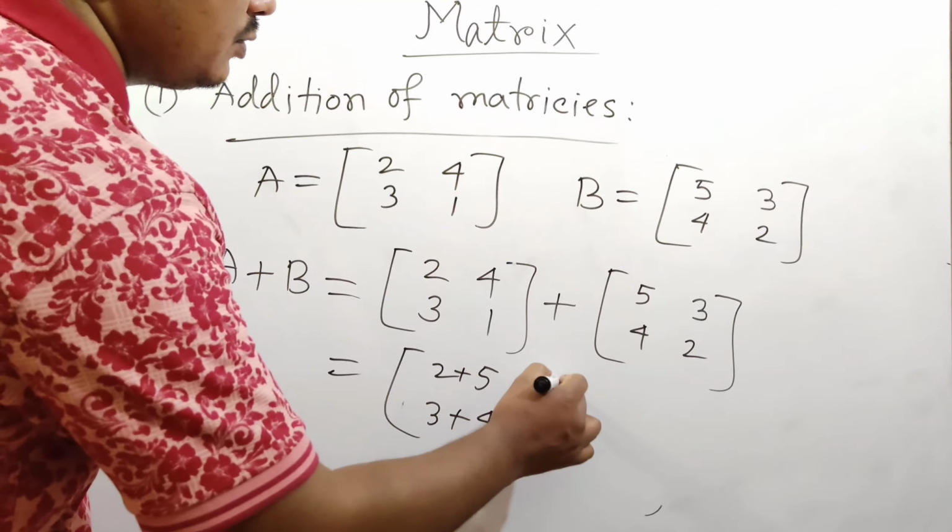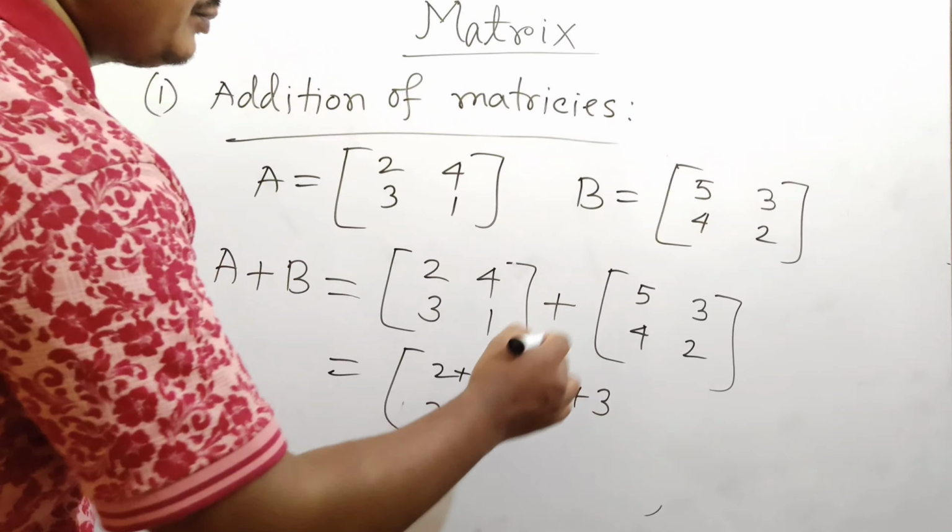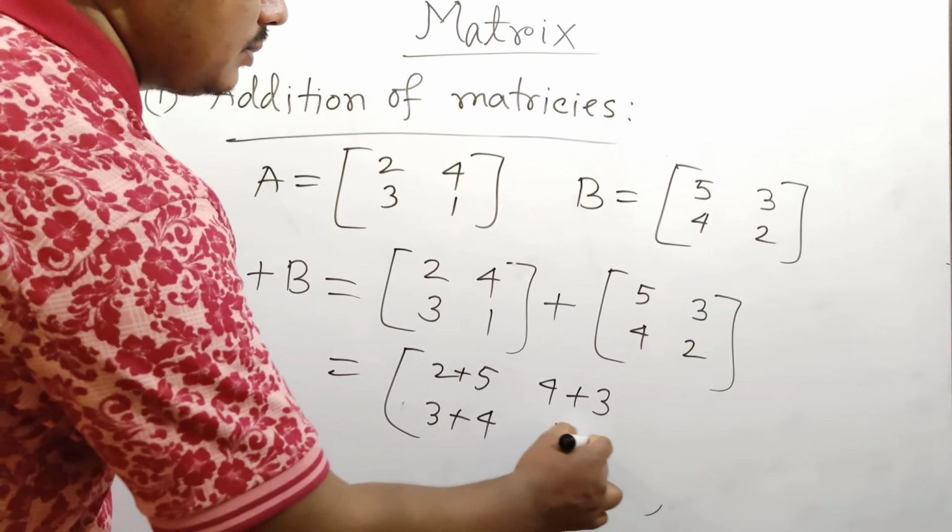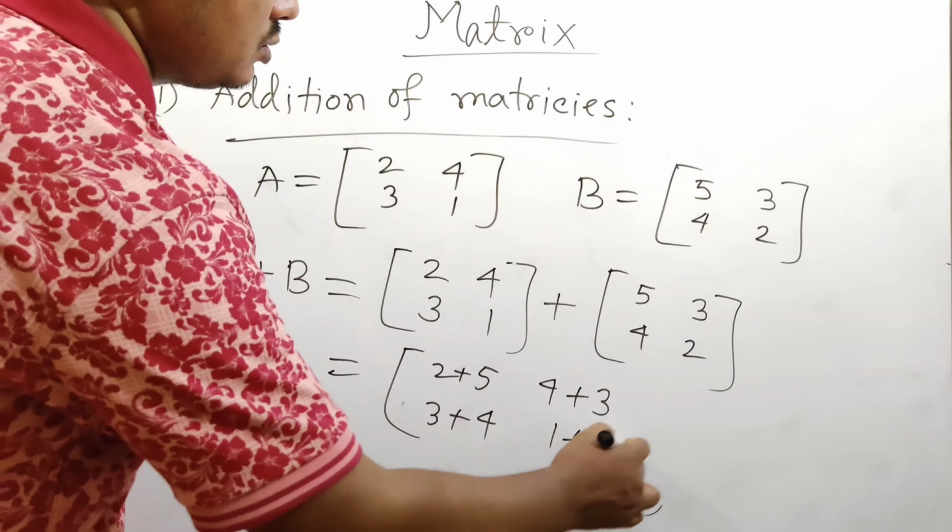Then it will be 4 plus 3 and 1 plus 2. So we get 2 plus 5, that is 7, 3 plus 4, that is 7, 4 plus 3, that is 7, 1 plus 2, that is 3. So this is the addition of two matrices. Okay, I think this is so easy.